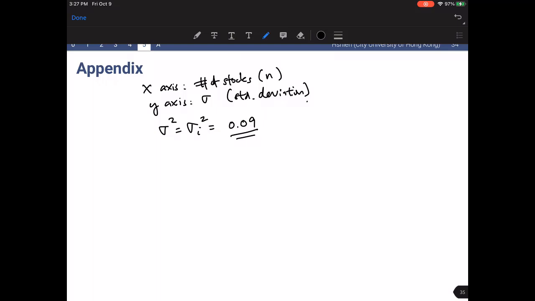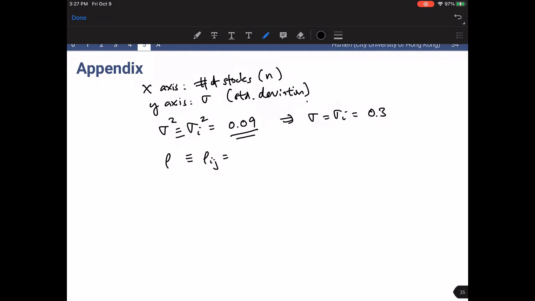We're assuming that the variance of every stock is the same, 0.09, which means that the standard deviation for all stocks is 0.3, and we're also assuming that this correlation coefficient is the same between all stocks. Okay, so any pair of stock i and stock j is going to be the same.